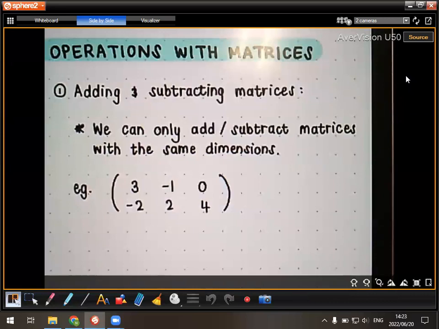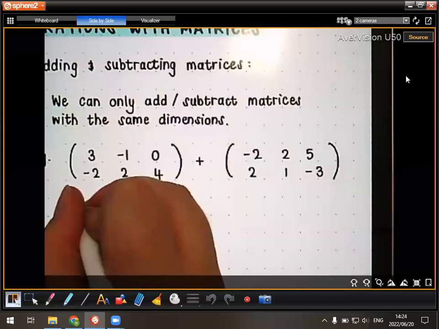So we're just going to jump straight into some examples. There isn't really anything else that we need to write down. So I'm going to do my bracket here. This first matrix is going to have 2 rows. So you can just do your spacing like that. We have 3, -1 and 0, and then we have -2, 2 and 4.